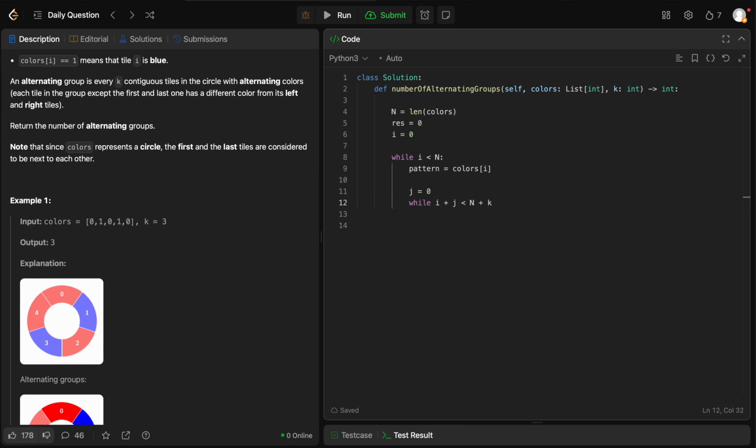So if k was 3, and I have like 5 of them, and I start at index 4, so i is 4, and k is 3, let's say, so this is 4, 0, 1.